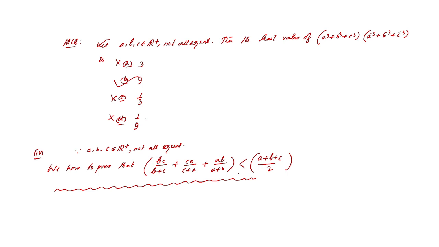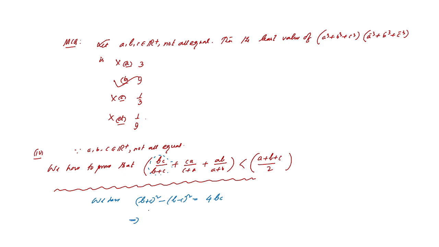So how to prove this type of problem? Again, we are thinking about the first term of this inequality, BC by B plus C. Whatever we do, we do just taking B and C. So we know B minus C whole square, or you can write B plus C whole square minus B minus C whole square, that will be 4BC.